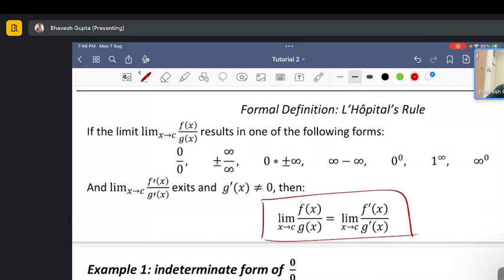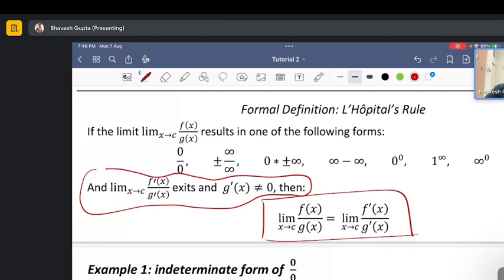So in this L'Hopital rule, you need to be careful of such cases. Okay, just be careful. This is like a caveat. You can always do that.